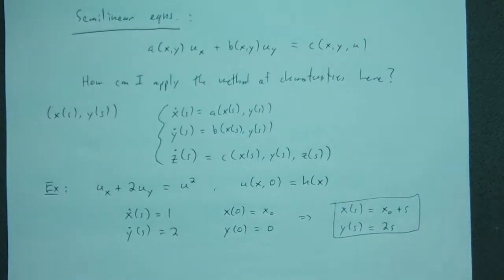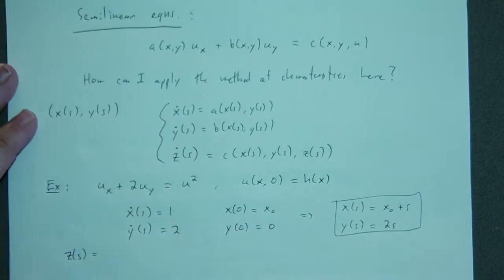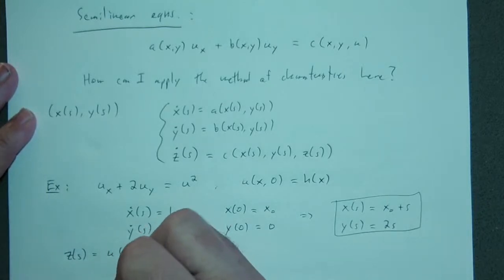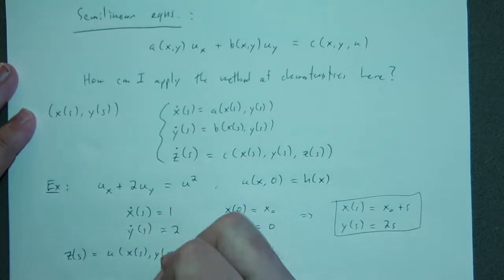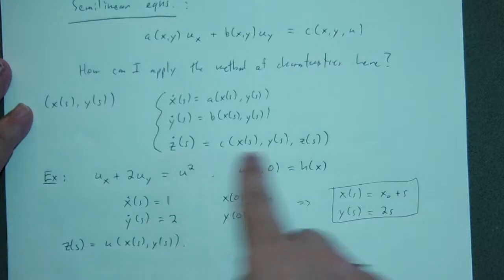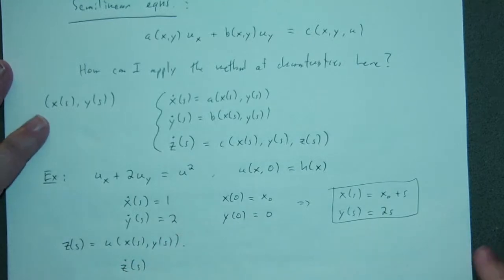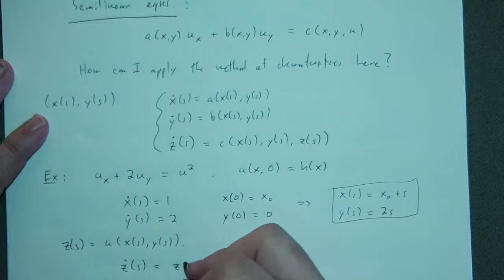Now, of course, z of s is defined to be the value of the solution on the characteristic. And if I write out this last characteristic equation, I would get z dot of s is equal to z of s squared.